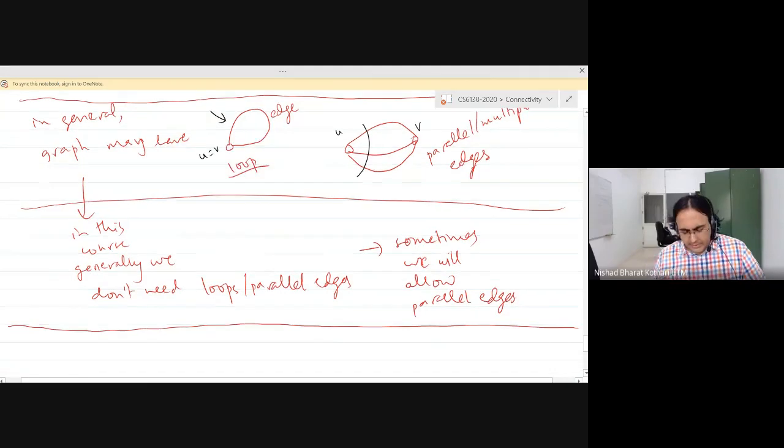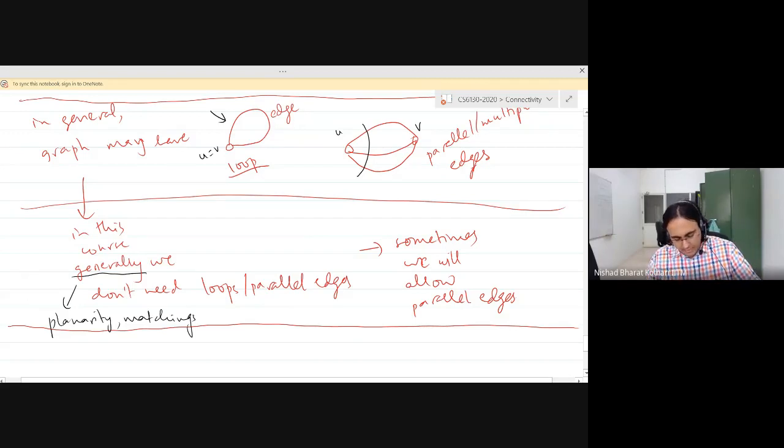So in general, graphs can have loops and parallel edges. But in this course, we will generally not require loops and parallel edges, especially in the next two modules, in planarity and also in matchings, because they don't add anything interesting to the problem.